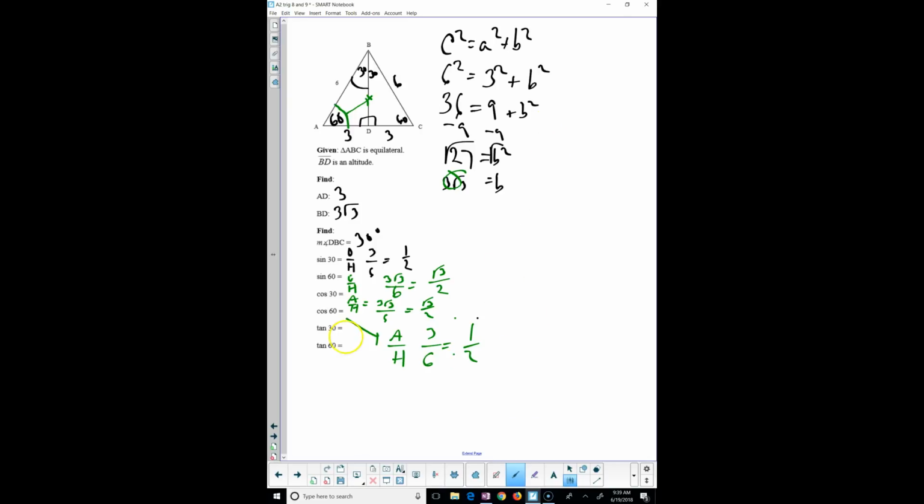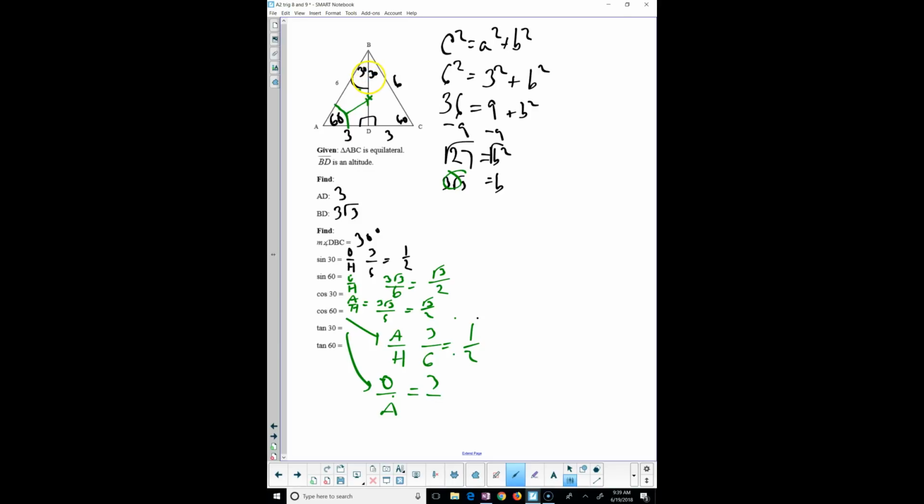All right. Lastly, we have tangent. Tangent is opposite over, oh, sorry, tangent is not opposite over hypotenuse, it's opposite over adjacent.